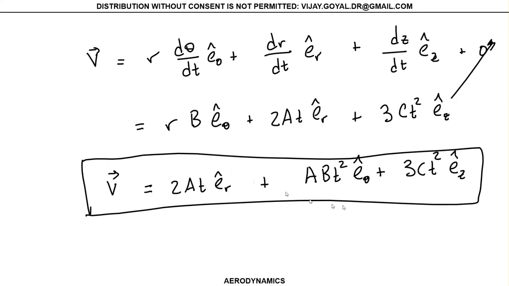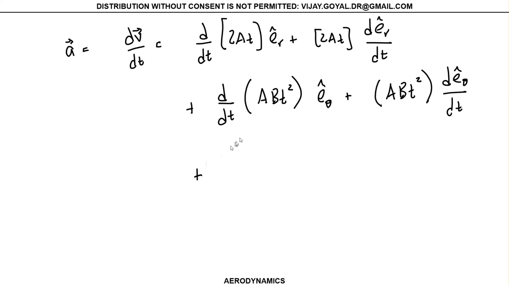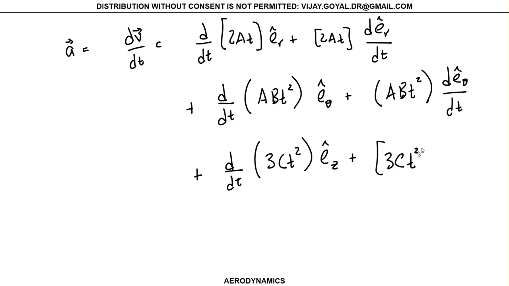Now we do the third term, plus the derivative with respect to time of 3 times ct squared ez, plus 3 times ct squared times the derivative of ez with respect to time, and again this is equal to 0, right?